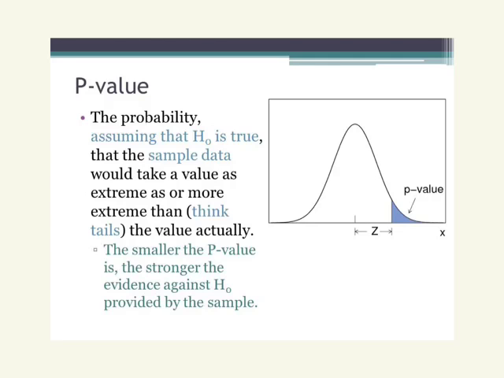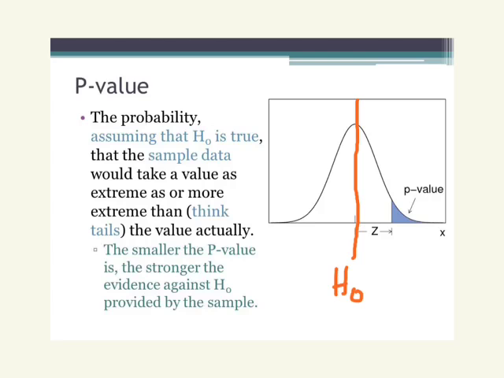If we are assuming that our null hypothesis is true, we put that null hypothesis right in the middle. That's where we put the truth that we're assuming. Then we calculate our sample data and find our test statistic. And z is telling us how far our sample value is from that assumed truth, the null hypothesis.